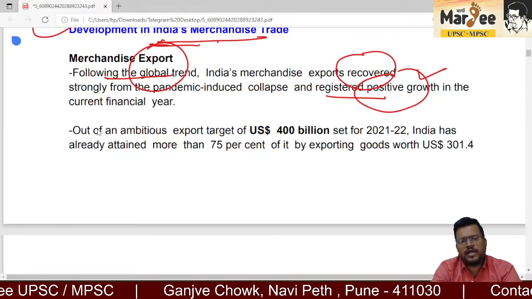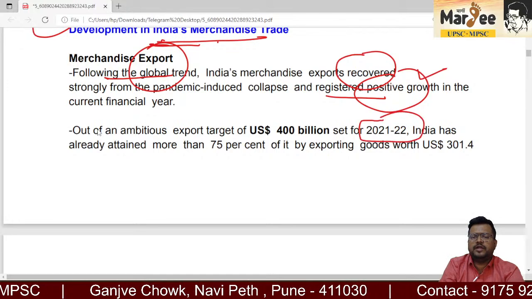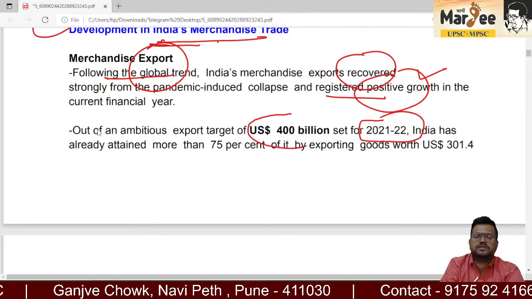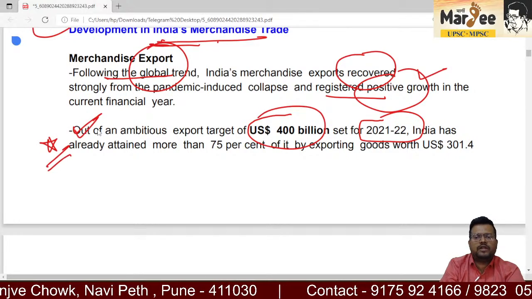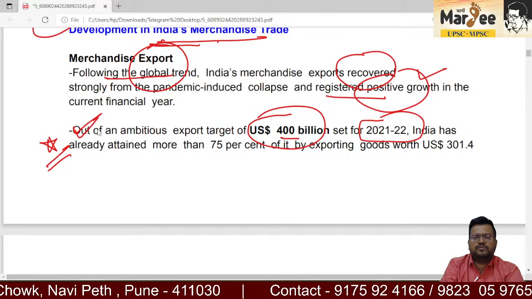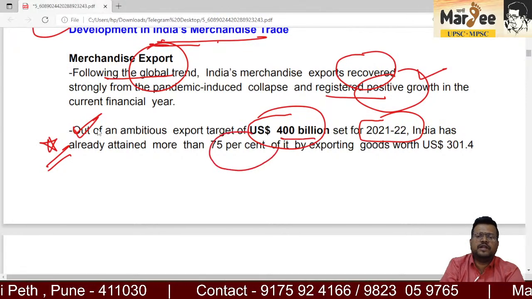See, our export target for year 2021-22 is $400 billion. What is our export target for year 2021-22? It is 400 billion, and we have achieved 75% of it.